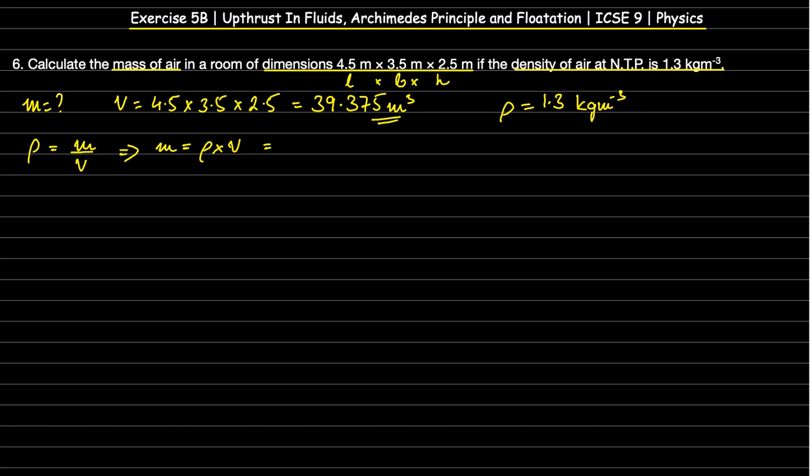So rho is 1.3 into v, we got it as 39.375. So after multiplying, we get the answer as 51.19 kg. So that would be the mass of air.